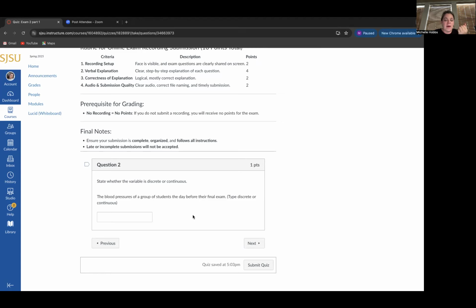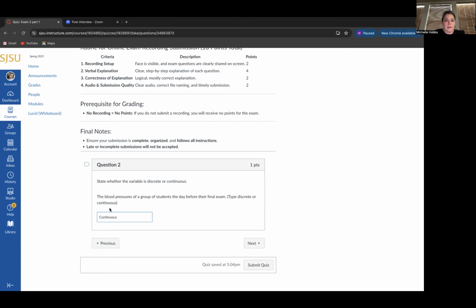I think that this one is continuous. Blood pressure, continuous, I'm going to put. Hopefully that is correct.